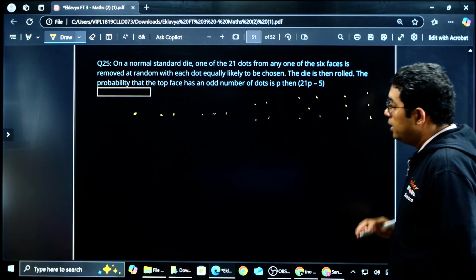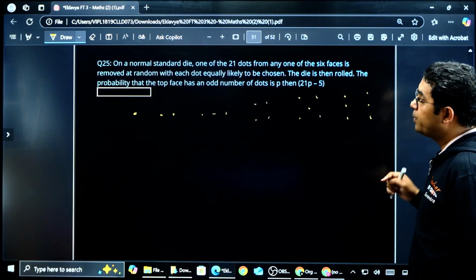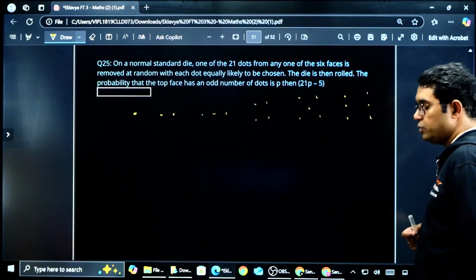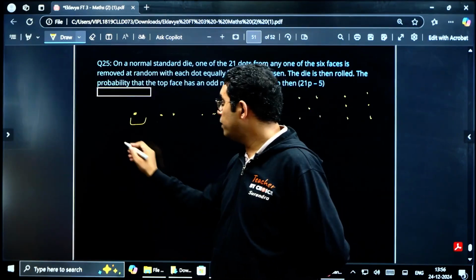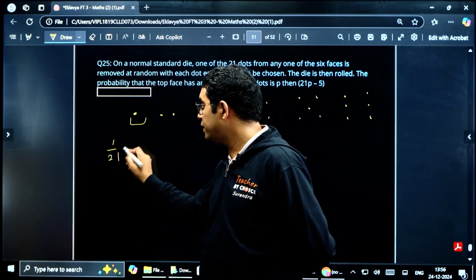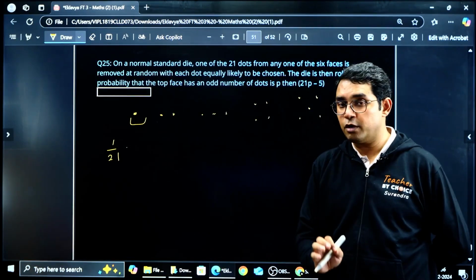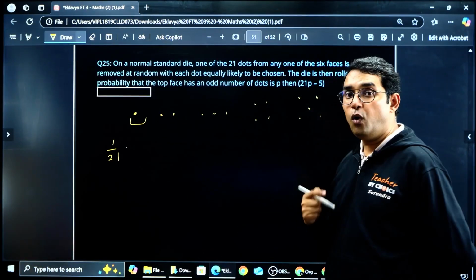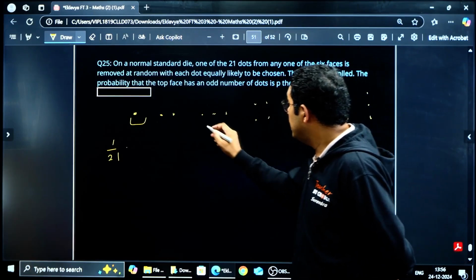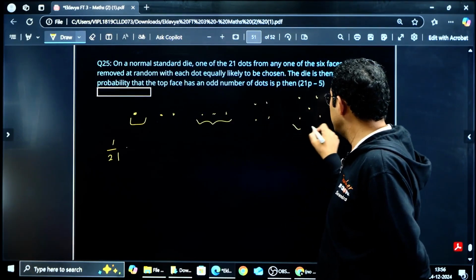Now the dice is rolled. The probability that the top face has an odd number of dots. Okay, fine. Now suppose the dot chosen was this. Its probability will be 1 upon 21. Now this face will have 0 dots, this will have 2, this will be 3, 4, 5, 6. Now odd numbers of dots are only on this and this.